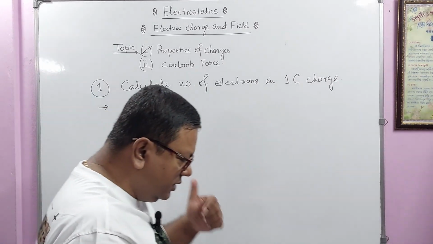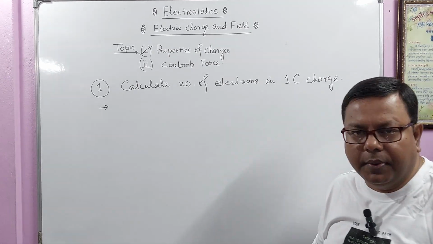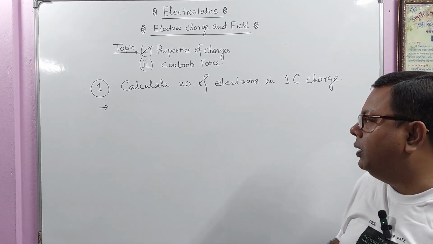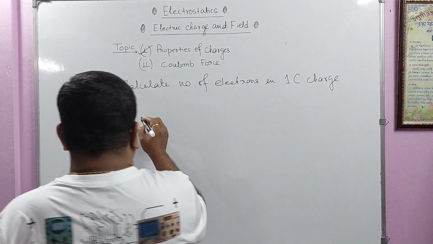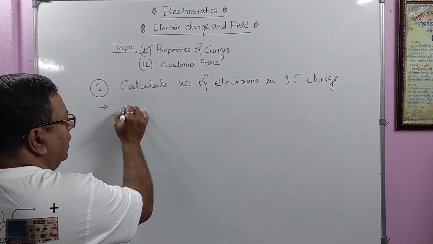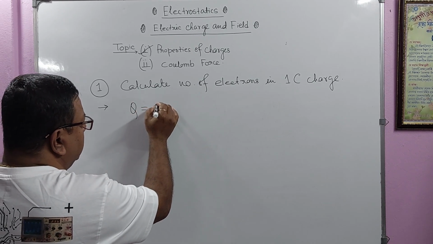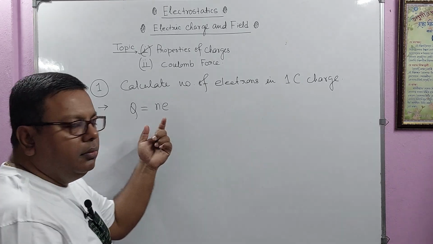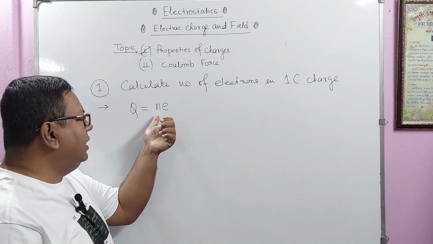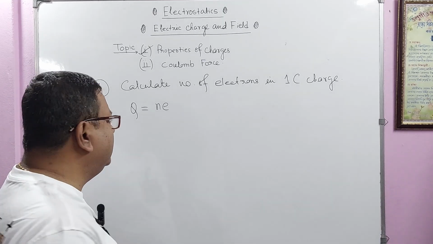For solving this problem, we are using the quantization property of charge, which is Q equal to plus minus n E. We are interested only in finding the value of n, and it's a number, so the sign is not necessary here.